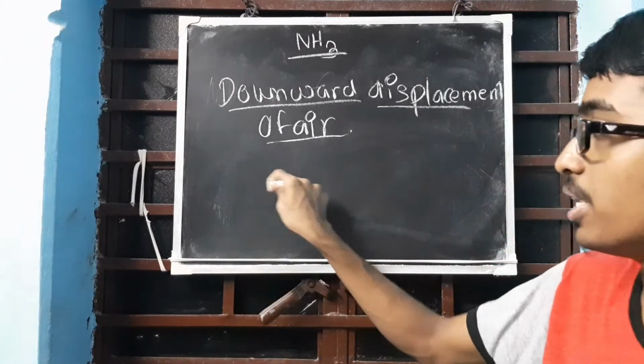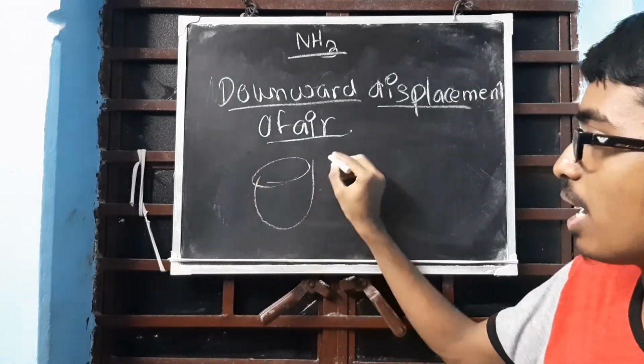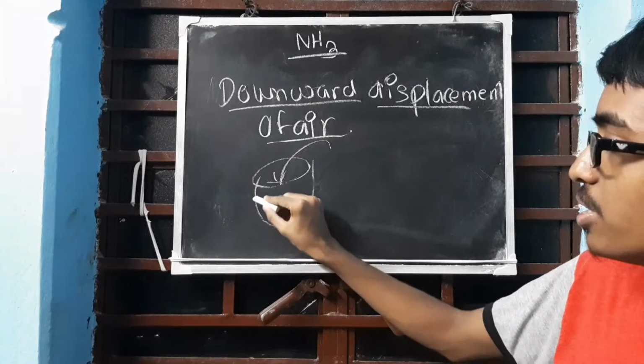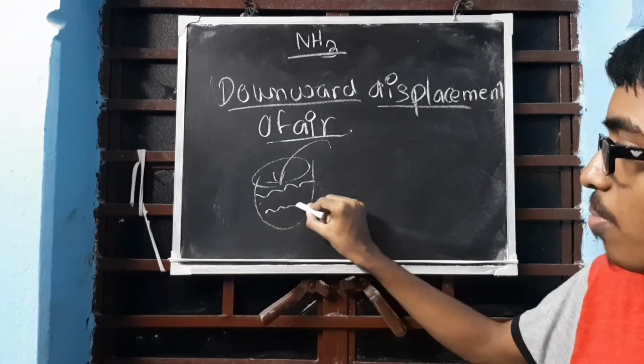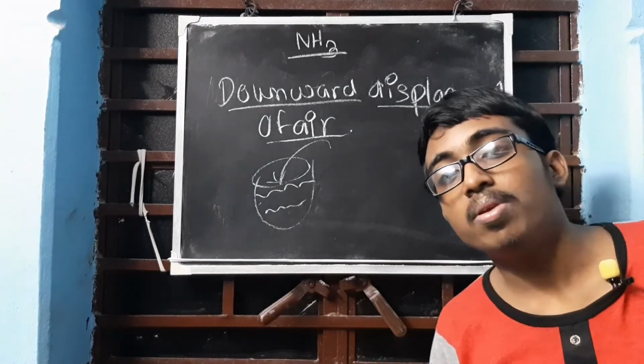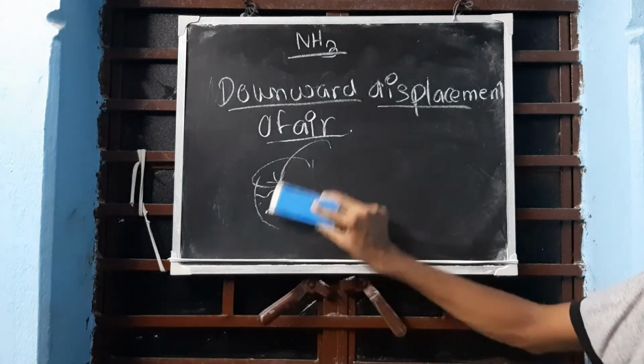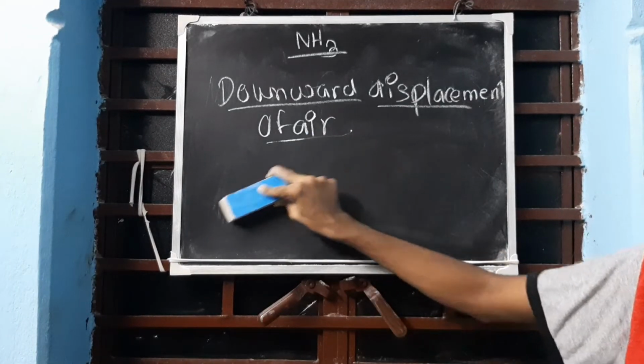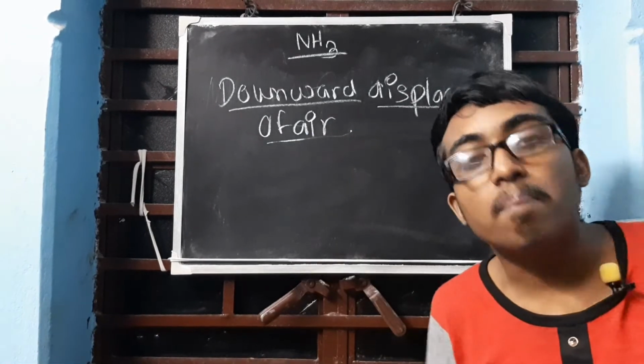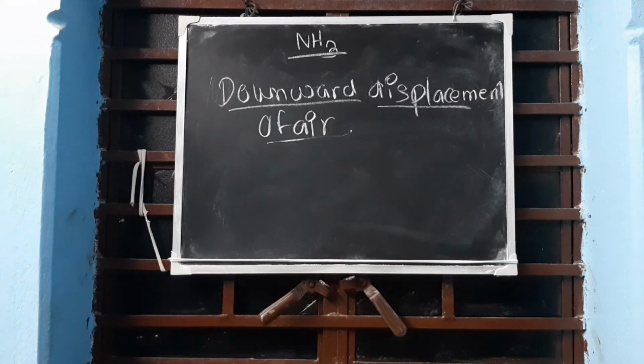So if this is a container and inside the container I pour NH3 gas, then NH3 gas will be over here, and air will be over here. It will not go down, as compared to HCl, which settles at the bottom, while ammonia gas settles at the top.